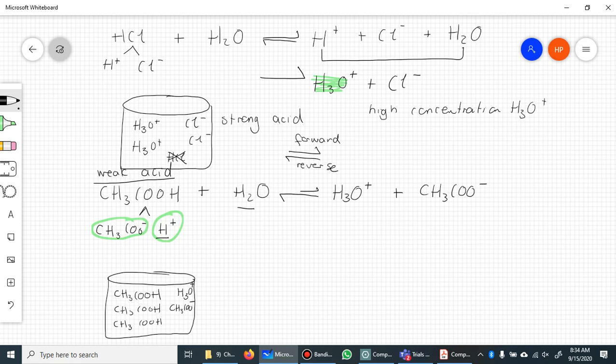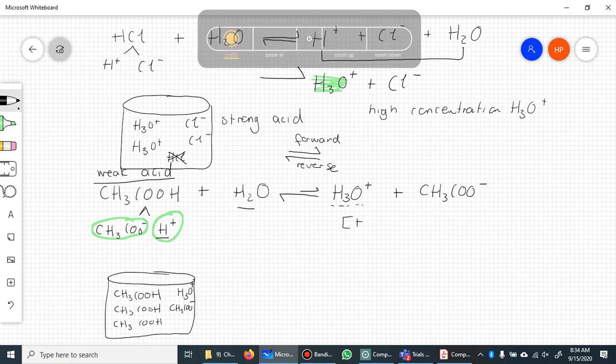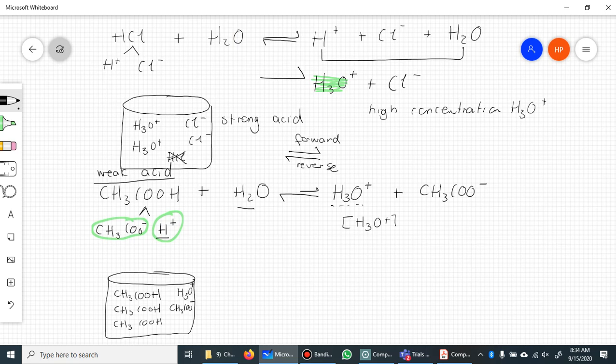So what do we know about the hydronium concentration? Is it going to be high or low? Yes, very low. Low concentration. Do you know another way to write this? If you don't feel like writing all these words out, you can write this. The square brackets mean concentration. You can do that in a test, by the way. Instead of writing that this has a concentration, you can write square brackets.